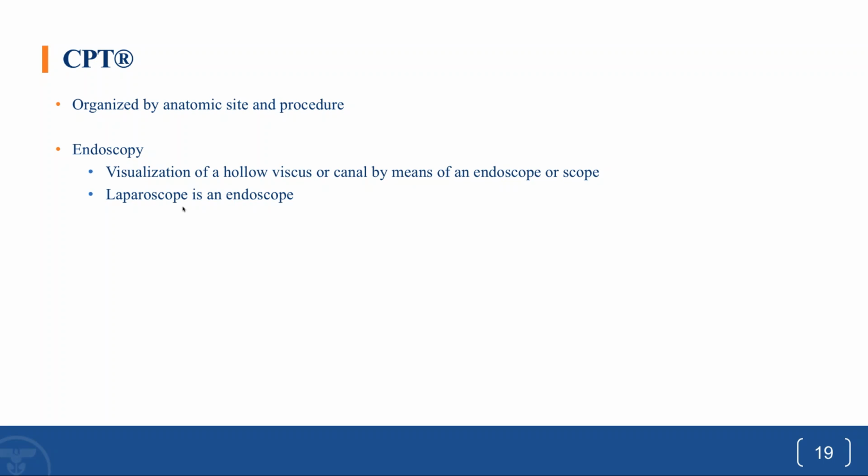If it doesn't state laparoscopic, then you will code the procedure as if it was open. Okay. And I was talking about laparoscopy. So if you were looking at page 893 in the CPT, at the bottom left-hand column, that first row to the bottom, you'll see the term laparoscopy, and then it will show you all the procedures that can be performed laparoscopically.